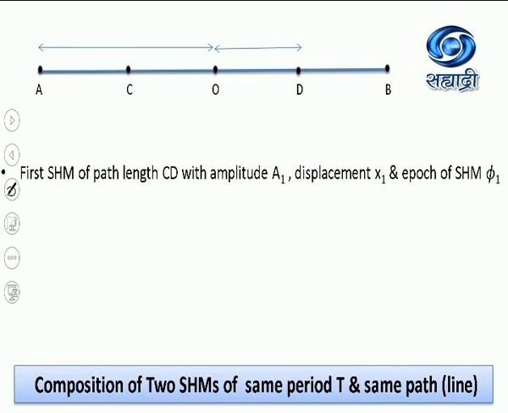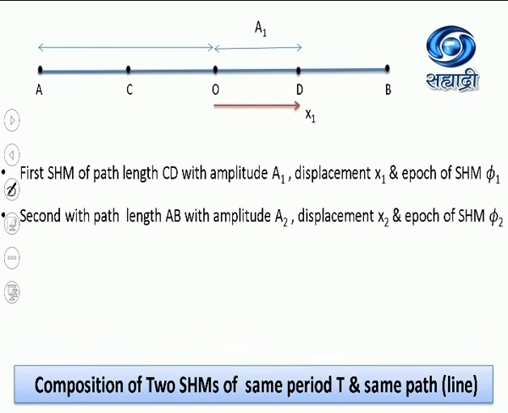CD represents the path length for the first SHM. So the particle is subjected to first SHM where the path length is CD, amplitude is A1 and the corresponding displacement is x1, as can be observed on screen.